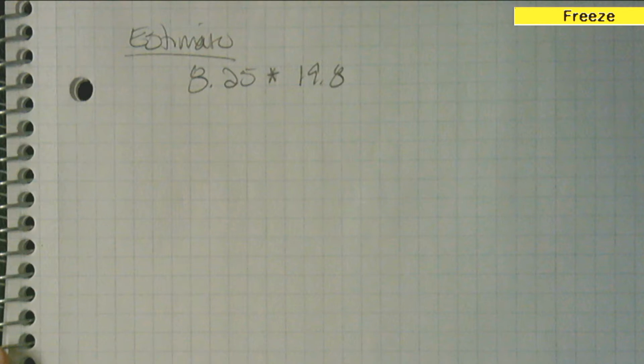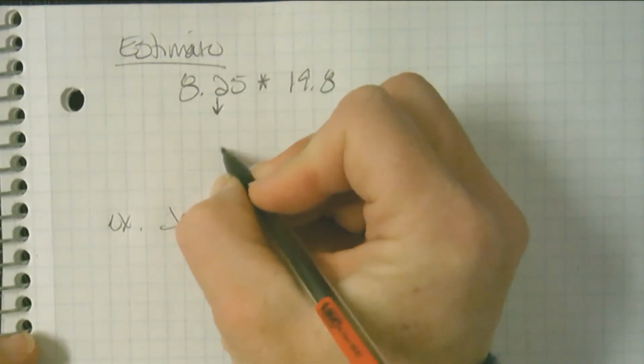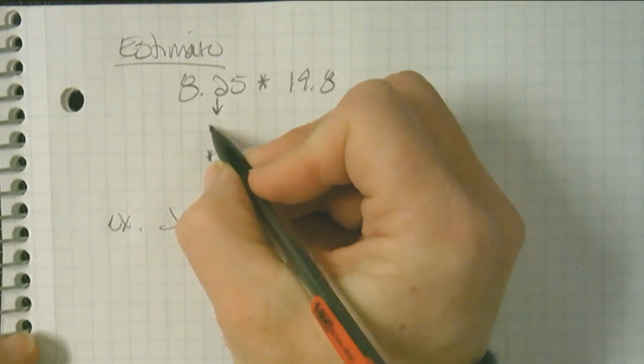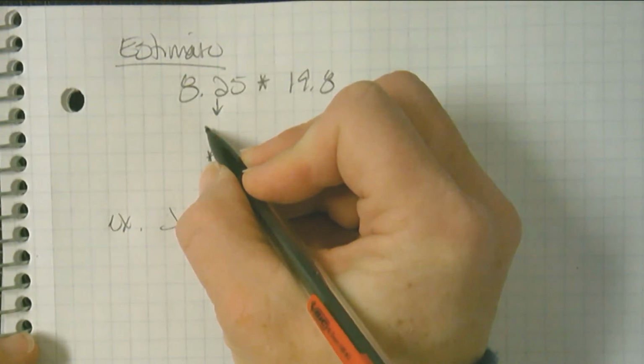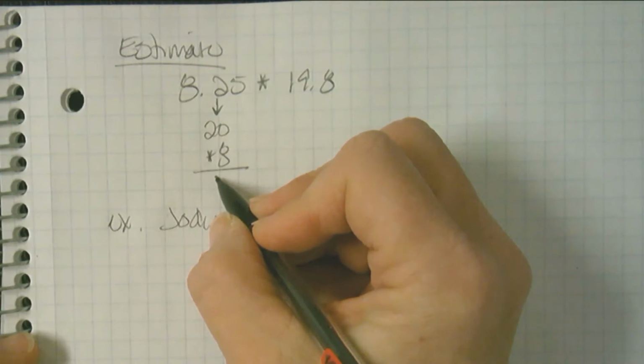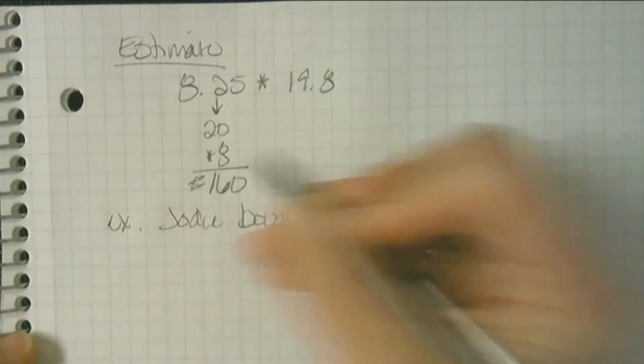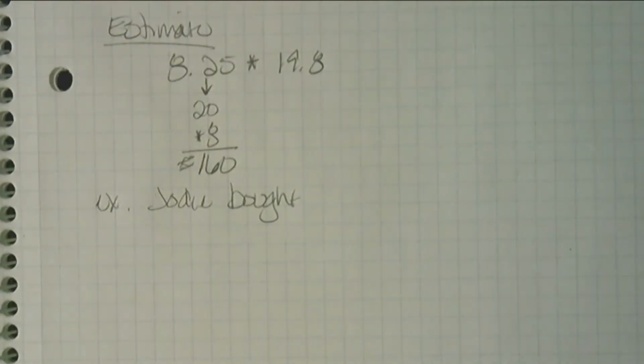What do you guys think? What are you going to estimate this to, Jack? Excellent. And then what's my estimate? $160. How many of you guys are cool with this so far?